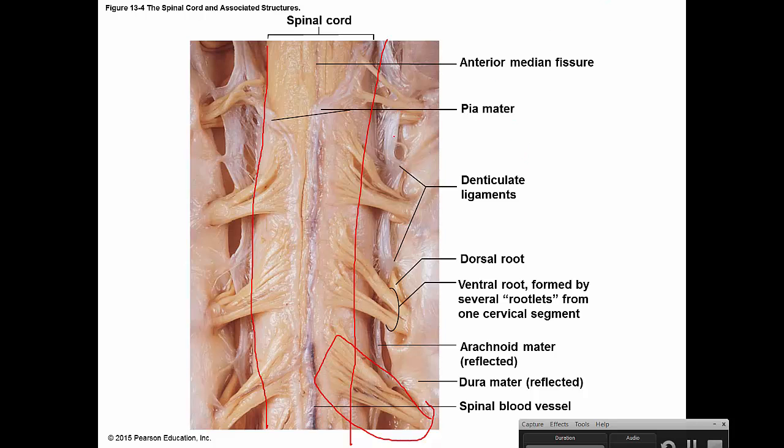You can also see very well these ligaments here called denticulate ligaments, and these ones are important because they kind of stabilize the spinal cord. So as you're moving, jumping, and running or walking, the spinal cord is not floating inside your spinal canal. It's basically kind of stabilized in place by these denticulate ligaments and also by the filum terminale that we saw previously.